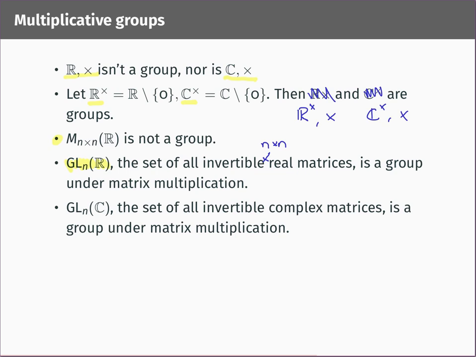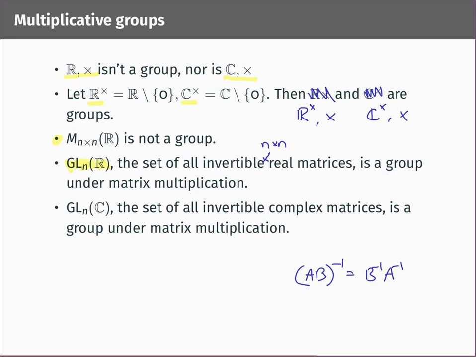It's a group under matrix multiplication for the following reason. Condition 0: if you multiply together two invertible matrices A and B, then AB is invertible, and its inverse is B to the minus 1, A to the minus 1. So matrix multiplication is a binary operation on GL_n(R).